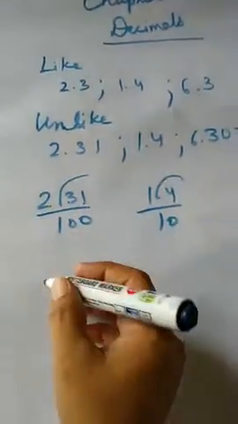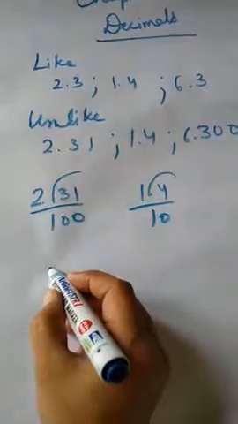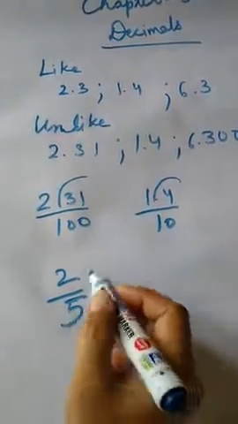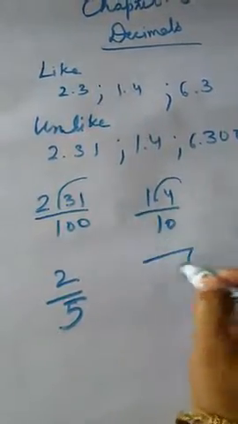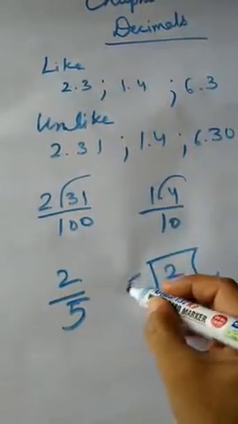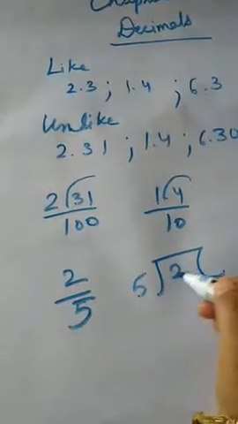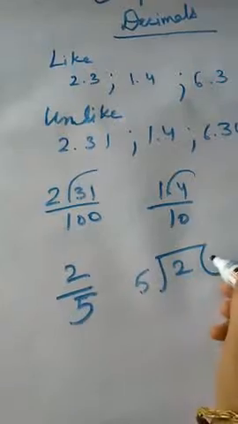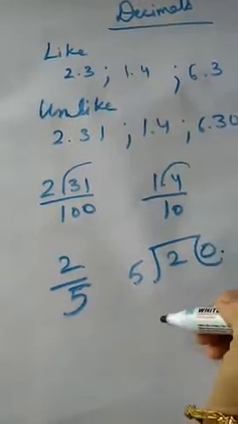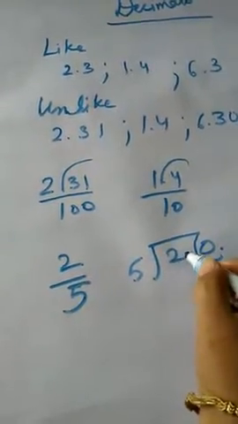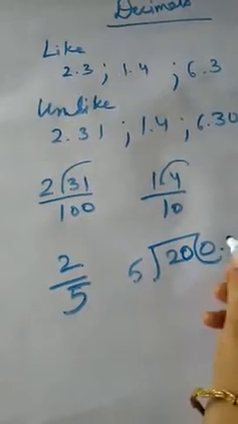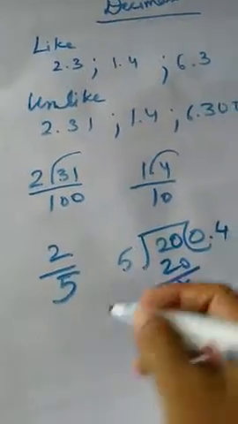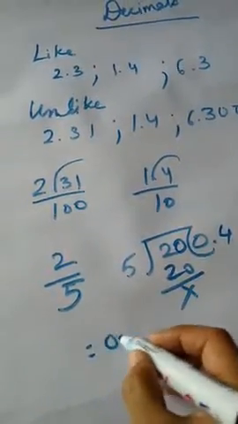And if we want to convert a fraction into a decimal, like 2 by 5, we have to divide 2 by 5. Just divide the numerator by the denominator. 2 is not divisible by 5, so mark a decimal here and bring one 0, and 5 4s are 20. So 2 upon 5 is equal to 0.4.